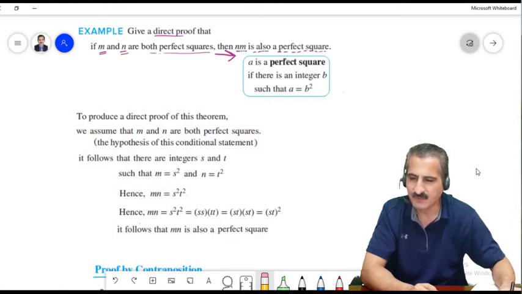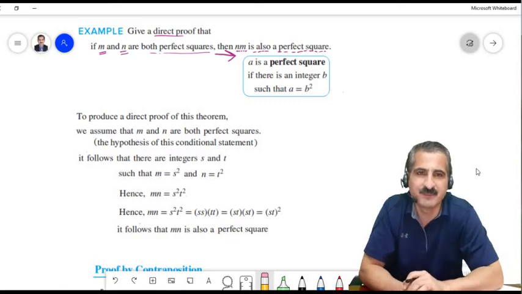What a perfect square means is that an integer is a perfect square if it is a square of some other integer, like 4. It is 2 squared, so 4 is a perfect square. 9 is a perfect square because it equals 3 squared. 25 is a perfect square because it is 5 squared. But 24 is not a perfect square.